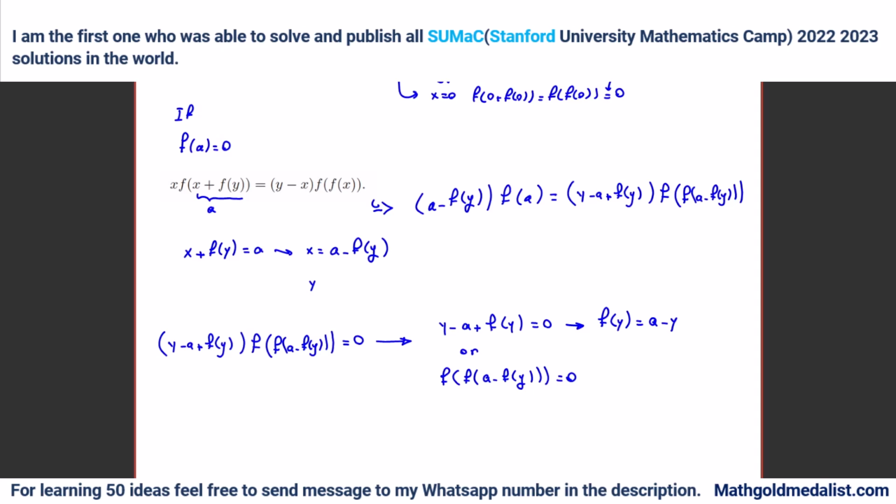Okay, sure. So here, do you agree we can replace y with any variable that we want? Like d? Agreed? Yeah. Okay, we know f of 0 is 0, right? Yes. So a minus f of y equals 0.